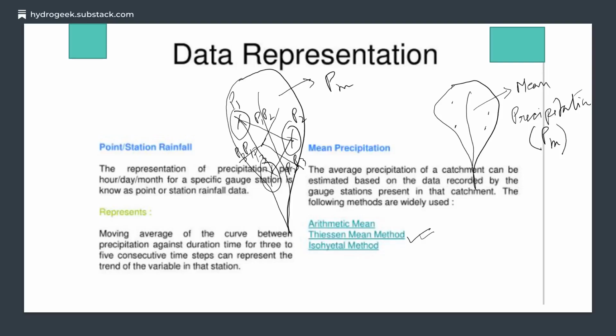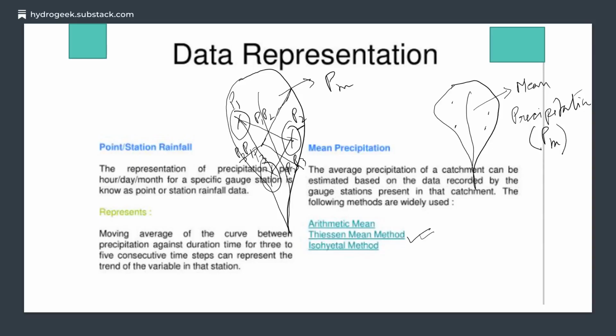Now, what you can see is that if I draw this perpendicular after bisecting the connecting line until the end of the watershed boundary, then surrounding the rain gauge station P2, this rain gauge station is surrounded by a polygon.